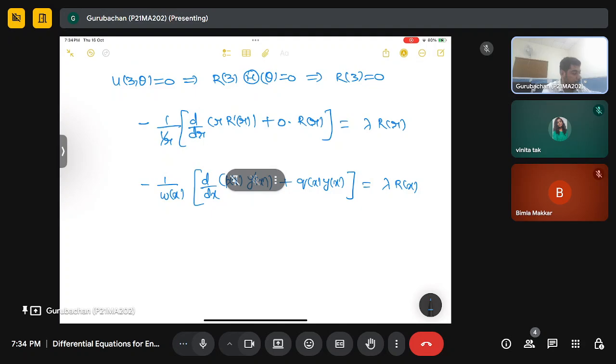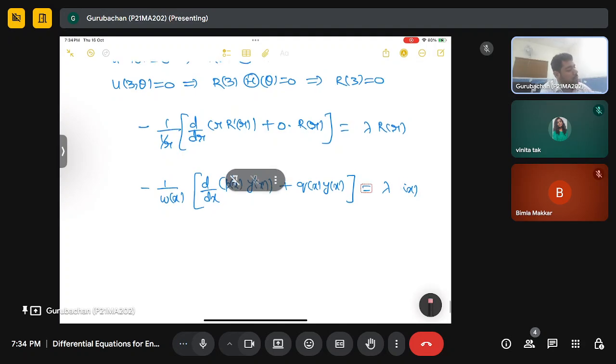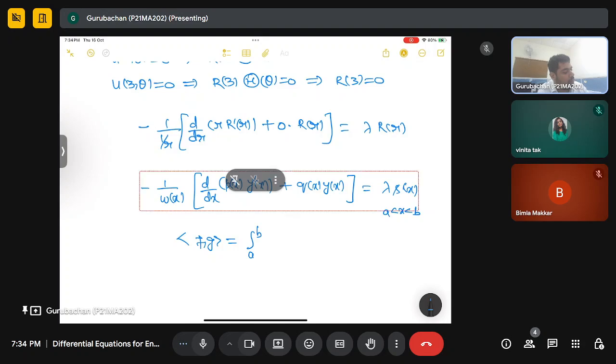So from here I will write S(x) to avoid confusion, and inner product will be defined with respect to this weight function, a to b. Here x lies between a to b. Weight function f(x) into g(x) conjugate dx.